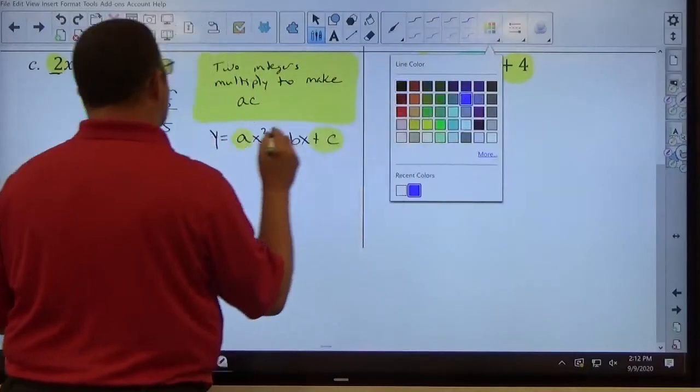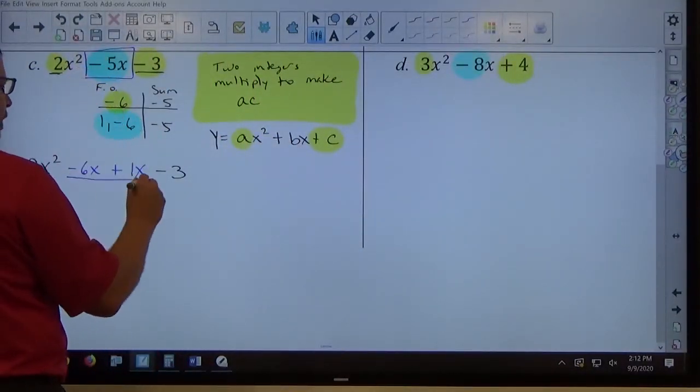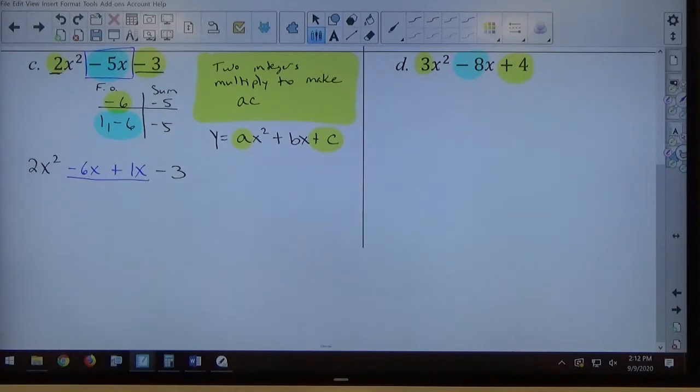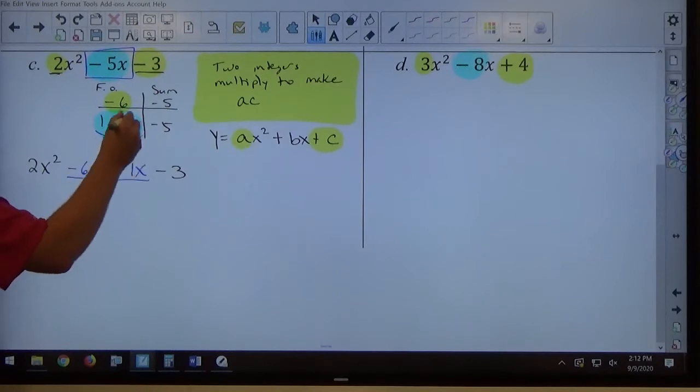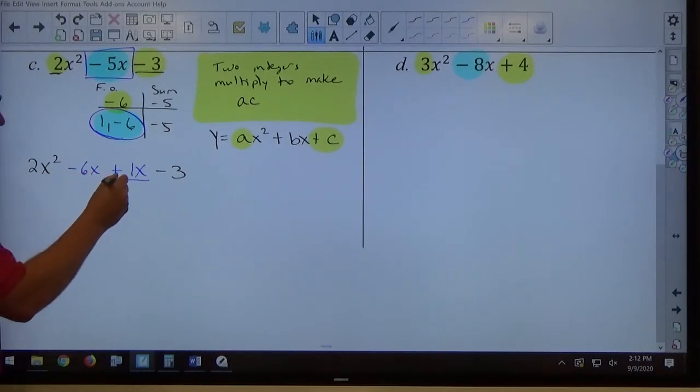If you pay close attention, I changed this one thing, -5x, into these two things, based on these two numbers here: -6x and +1x.